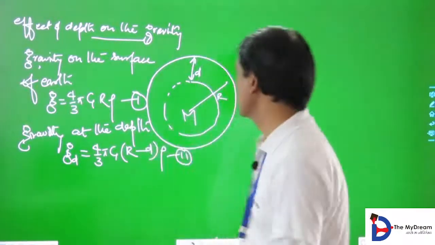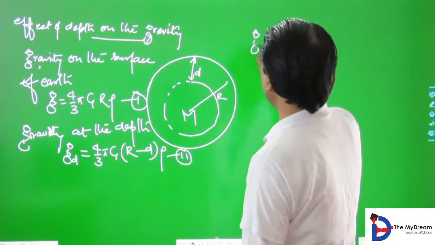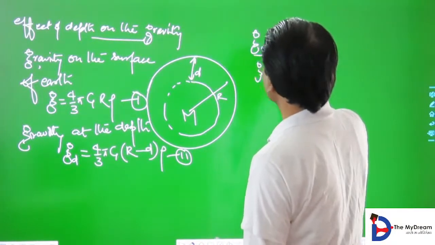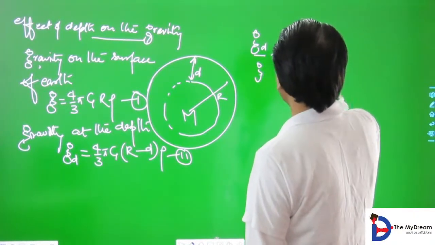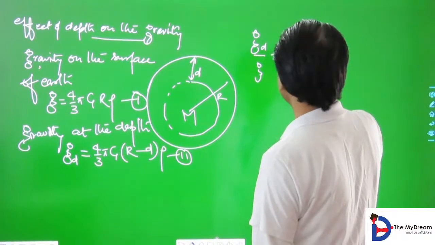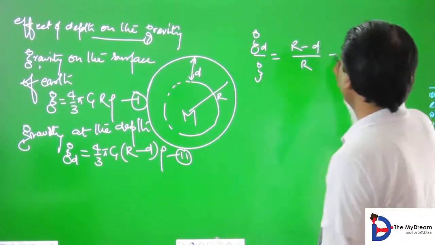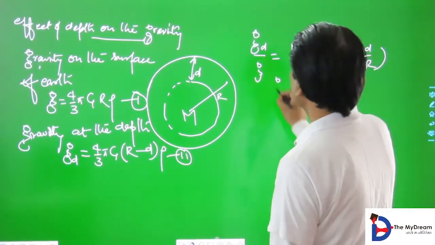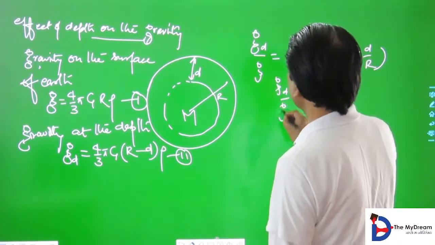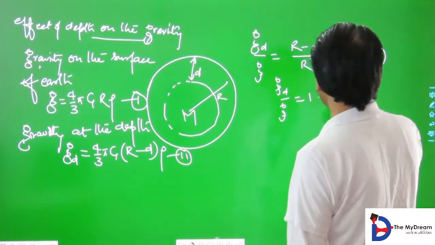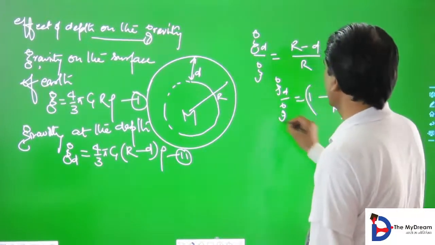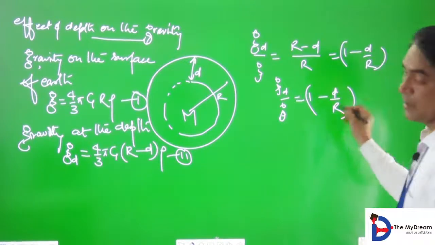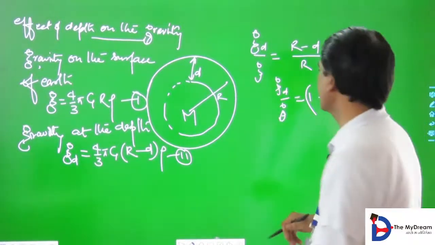Then GD upon G is r minus d upon r, which can be written as 1 minus d by r. So GD upon G is 1 minus d by r. Again you see, it is being subtracted from 1, so gravity is decreasing.